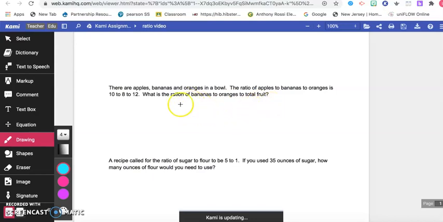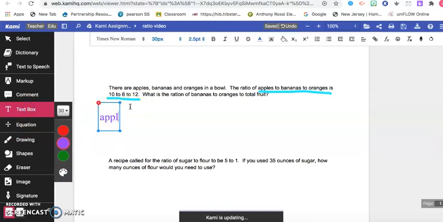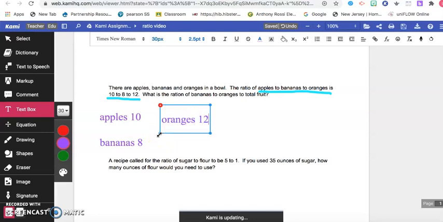Well, let's see what I know. I know apples, bananas to oranges is 10 to 8 to 12. So I know that apples are 10, bananas 8, and oranges 12.